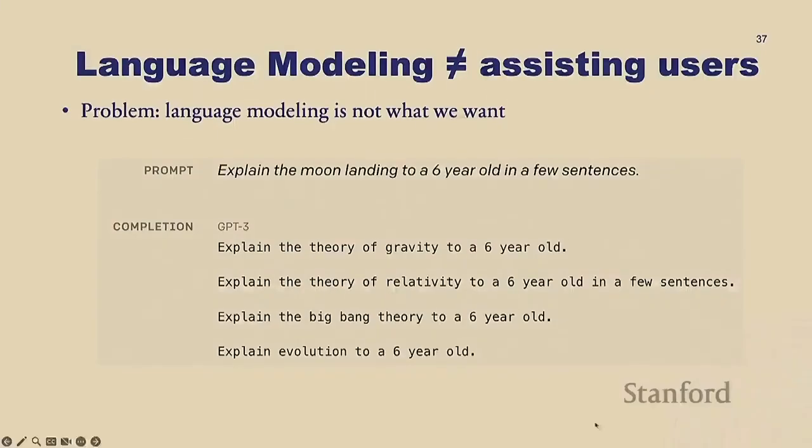For example, if you ask GPT-3, which is a purely language model, not an aligned one, a question like, explain the moon landing to a 6-year-old, the conclusion that you would get is something like, explain the theory of gravity to a 6-year-old. Because what it learned is that on the internet, if you have one question, you usually have maybe another bullet point of other similar questions. You don't usually have a question and an answer later. This is not what you want from an AI assistant.